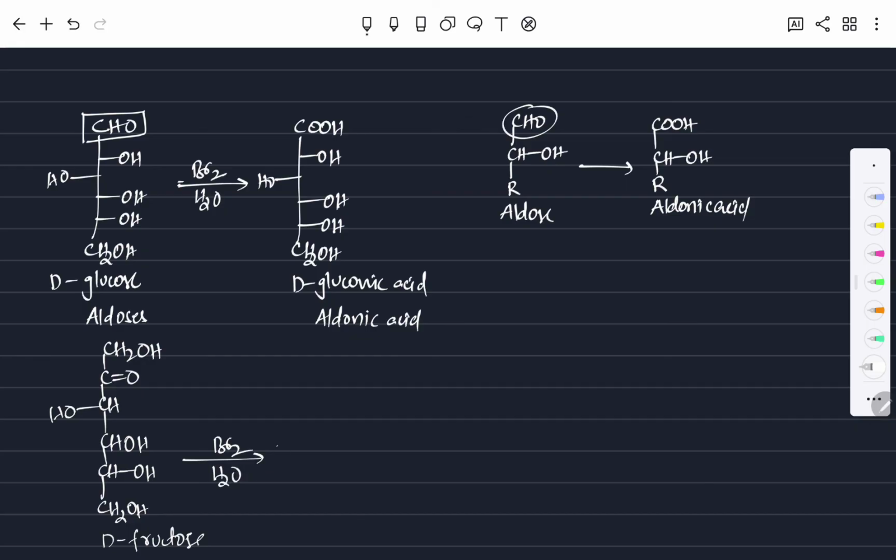D-fructose with bromine water, no reaction. In fructose, it is a ketone group. So if the molecule is like this, it is called a ketone. Ketones with bromine water, no reaction.